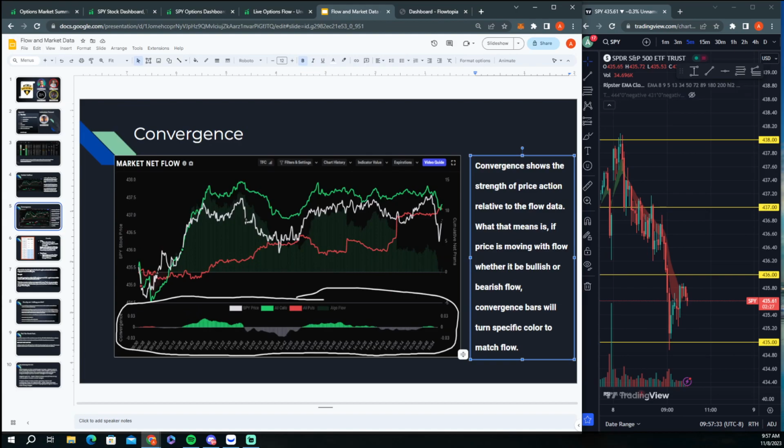Ratherby, do you know of any ways the tool can be manipulated? Yes, there are manipulations. I'll get into that too. There are some flaws, like with everything with this tool. Sometimes there's very large orders that come in, and you can see crazy spikes in market net flow, like where puts go from 0 to like 20 million, which is insane.